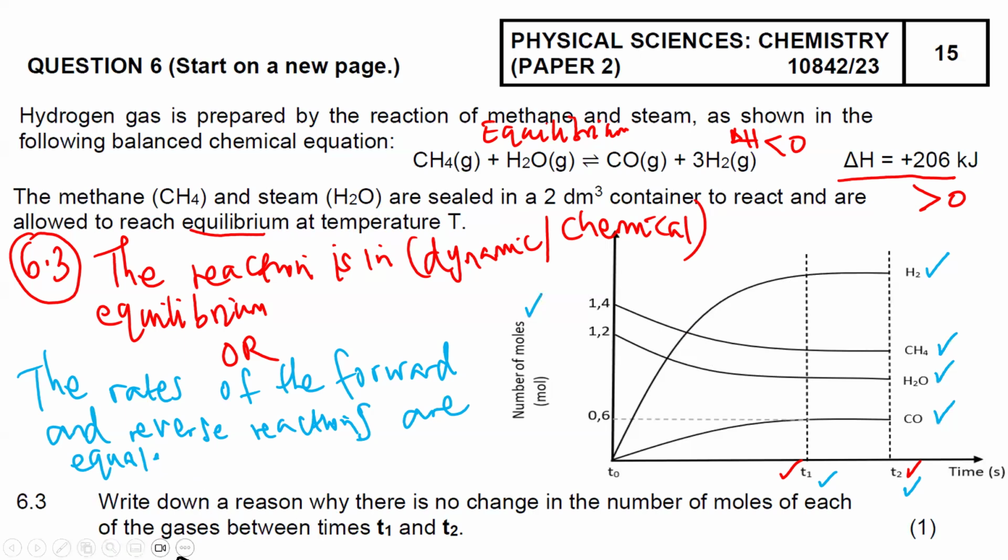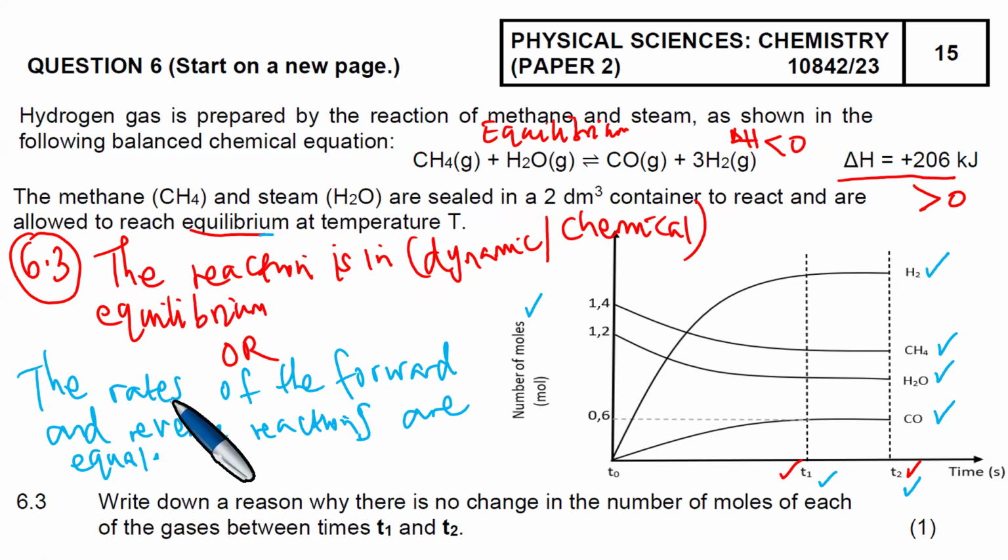The number of moles does not change. So this means the rates of the forward and reverse reactions are equal. This is true for reactions in equilibrium. When a reaction is in equilibrium, it means the rates of the forward and reverse reactions are equal to each other.